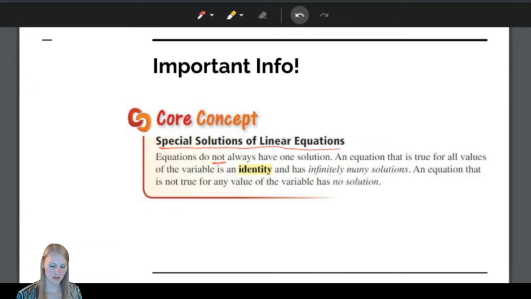An equation that is true for all values of the variable is an identity and has infinitely many solutions. Infinitely many, so the word infinite means like so many you can't count. So when it says infinitely many solutions, it means literally it is impossible to count the number of solutions.